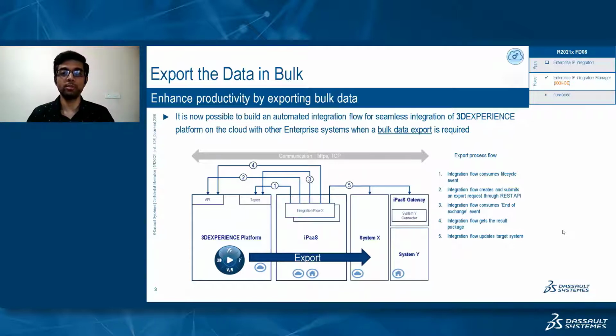Of course, this will be facilitated through the iPaaS connectors and the gateways, but now it is possible that irrespective of any size of data, even if it is hefty sized data, you can export it from the 3D Experience platform to the external systems.